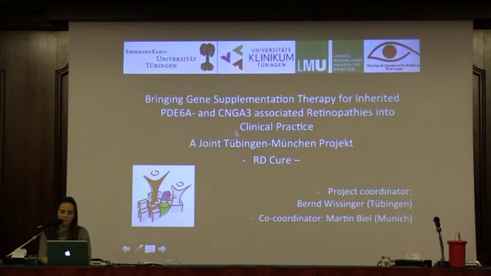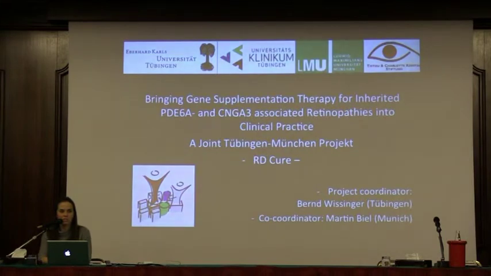So in these cases, what we are trying to establish as a gene therapy trial is regarding CNGA3 cases. This is a joint Tubingen-Munich project, so we do need a lot of expertise to work in this field and to prepare everything so that we can do a human trial.